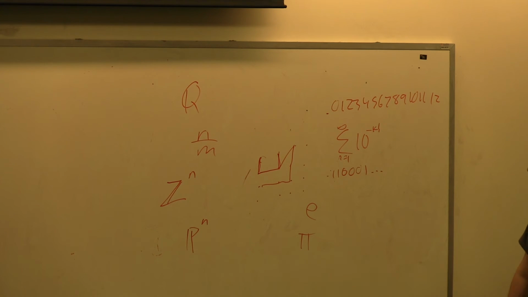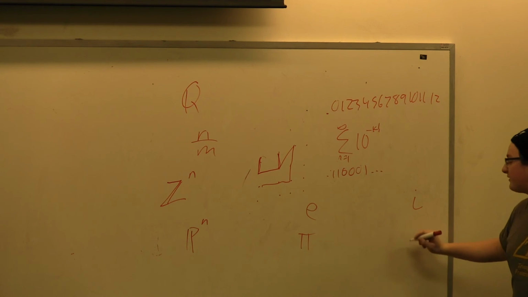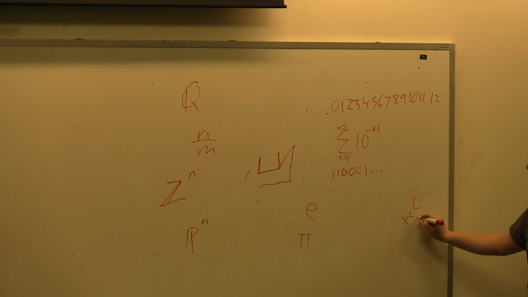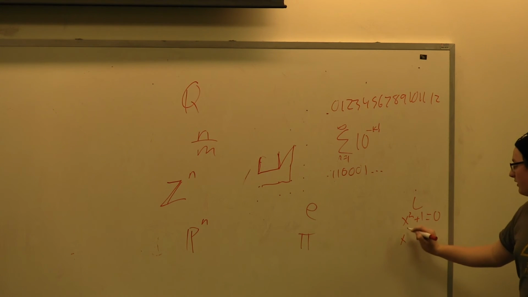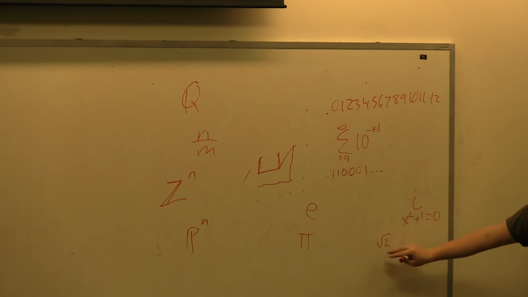Numbers that are not transcendental are i, because that is the root of x squared plus 1 equals 0, and 1 and 1 are integer coefficients. The square root of 2, or the nth root of any rational number.